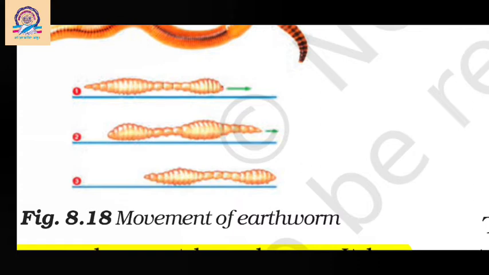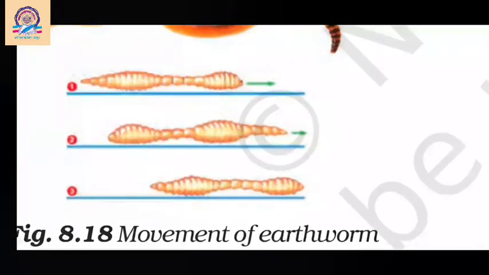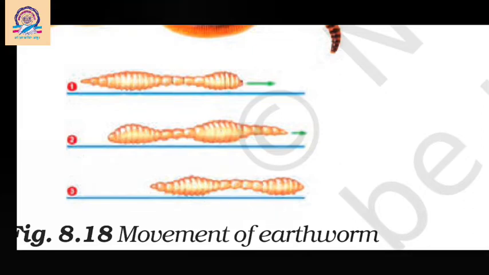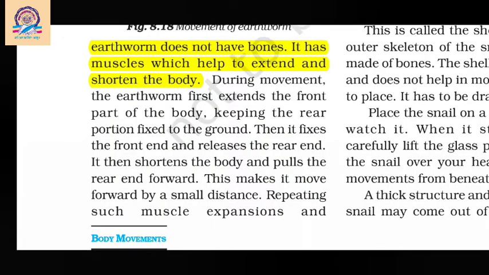Then it fixes the front part and releases the rear part. As you can see in figure 8.18, part 2, it fixes the front part and releases the end or rear part, isn't it? And in this way it shortens the body and pulls the rear part forward. It pulls its entire body forward. This makes the entire body move forward by a small distance.